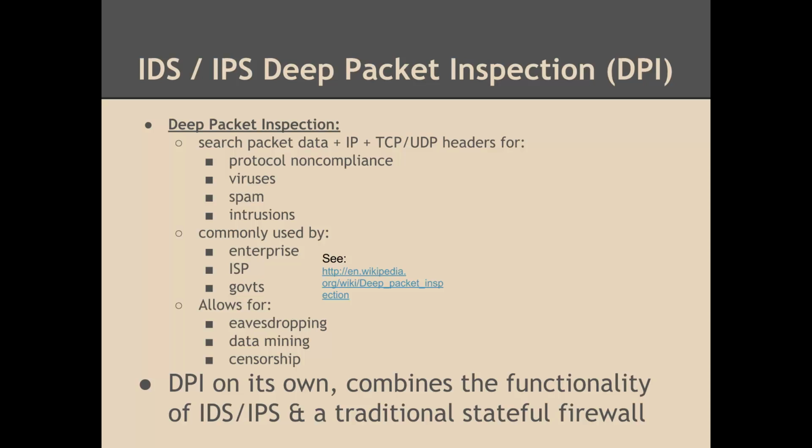Since you can reconstitute the upper level application data being sent from one client to a server or vice versa, it allows you to do complete eavesdropping and data mining. It's originally designed to look for keywords or signatures at the application layer that might be indicative of a known attack on, say, a known vulnerability. Since you're already looking at keywords, you can establish bad keywords you don't want and kill the traffic. It's a very simple censorship feature.